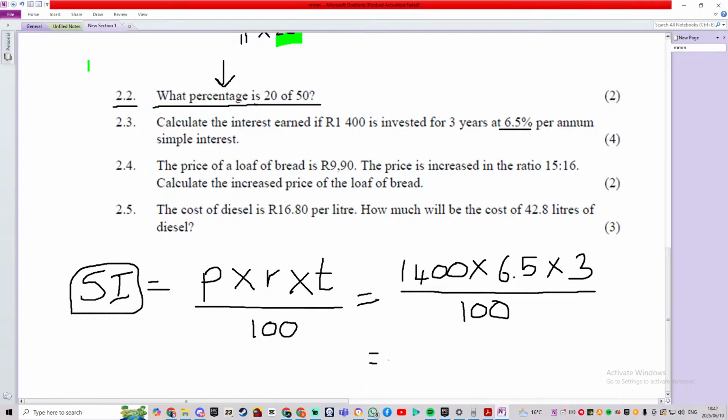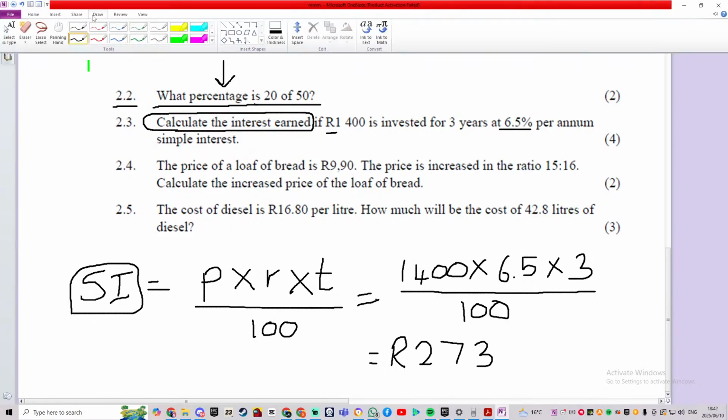So our simple interest there, in rands, we are working with rands, is 273. That is the interest earned. Any questions there? I don't think there are any questions. I'm going to move on.